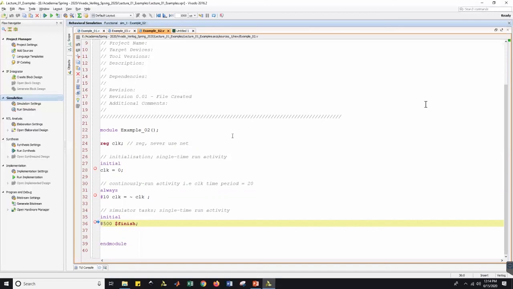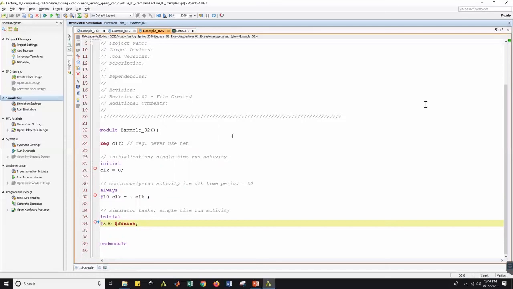Using this lecture, I want to describe one important point. Initial blocks are always used for simulation. They are not synthesizable; they cannot be converted into hardware.